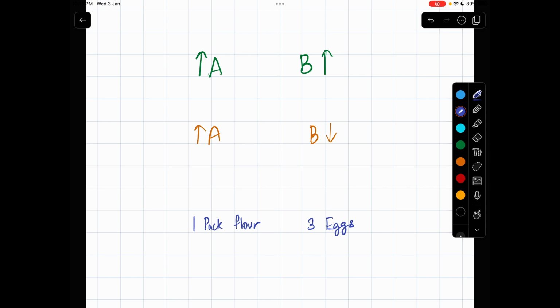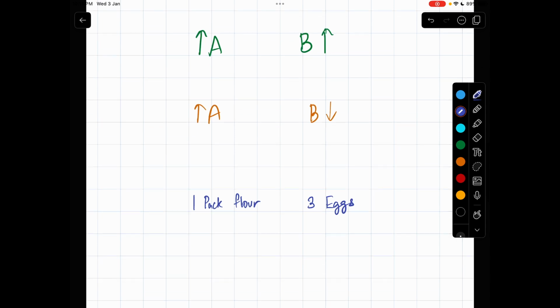So this scenario is where your mom needs 1 pack of flour and 3 eggs to bake 1 cake. If we are to bake 2 cakes, where we will need 2 packs of flour, logically you would say that we need 6 eggs, because 1 pack of flour needs 3, so 2 definitely will need 6.